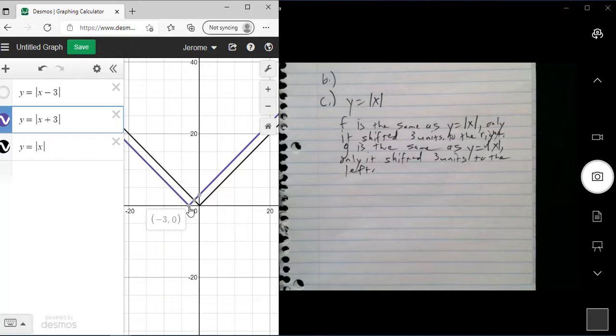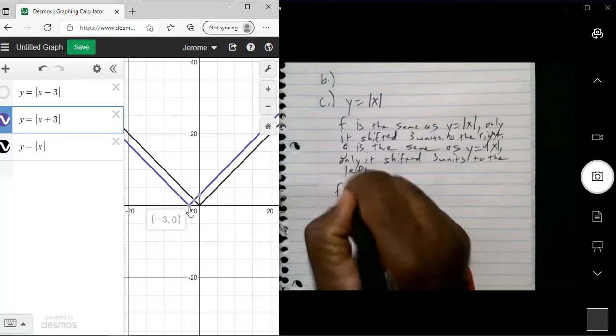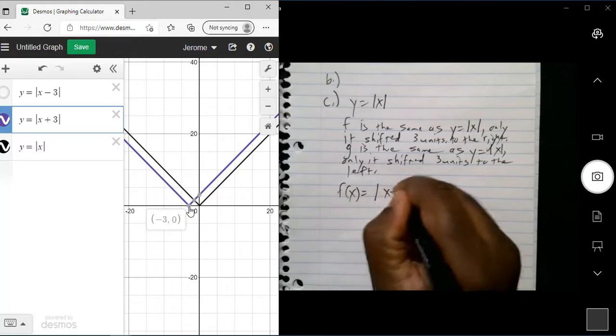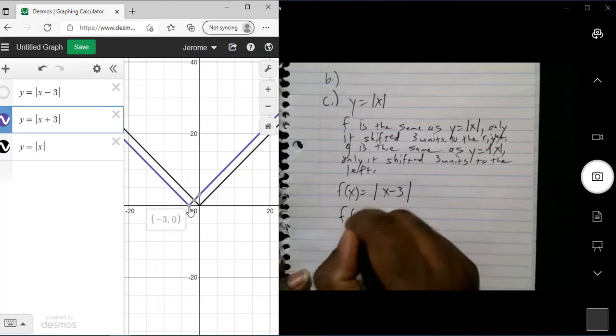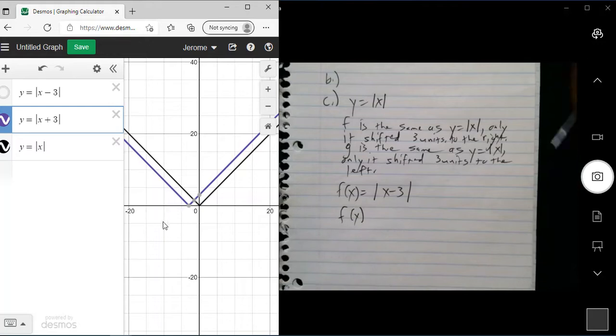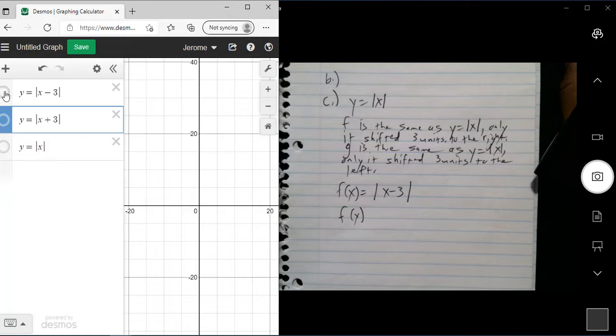Now we go here to D. It says write f of x is equal to the absolute value of x minus 3 as a piecewise function. So let's take a look here. We notice here we basically got two sides here.